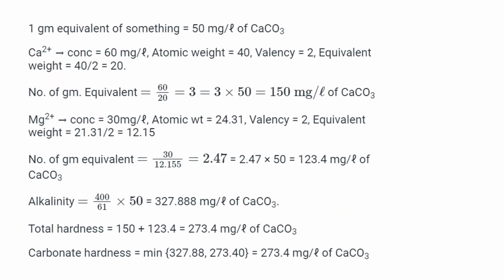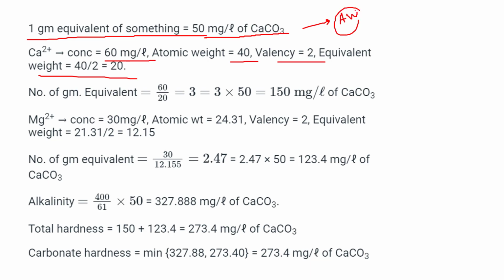So let's try to calculate. 1 gram equivalent of something equals 50 mg per liter of CaCO3, because the equivalent weight of CaCO3 is 50 mg per liter. Ca plus 2 concentration is given as 60 mg per liter. Atomic weight is 40, valence is 2, so equivalent weight is 20. I said atomic weight earlier, but this is the equivalent weight, sorry for that.